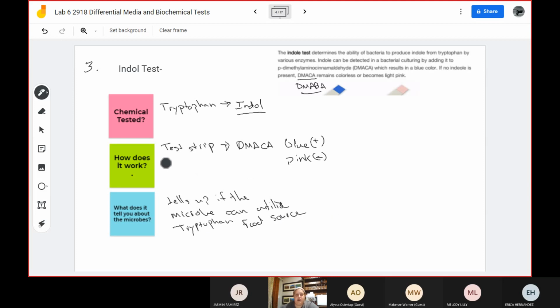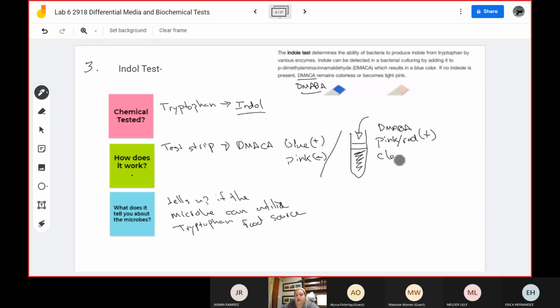The second version of this that we're going to talk about a little bit later in one of our augers utilizes a test tube. In our test tube, we have a culture of bacteria. To this test tube, we add the DMABA reagent. If it turns pink or red, a reddish color, then it is positive for indole.